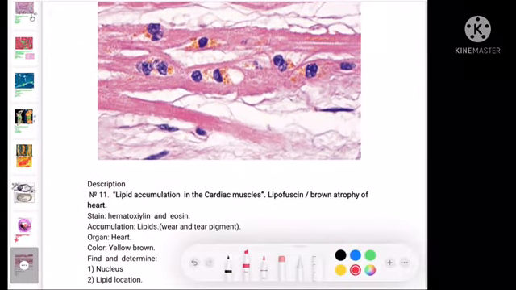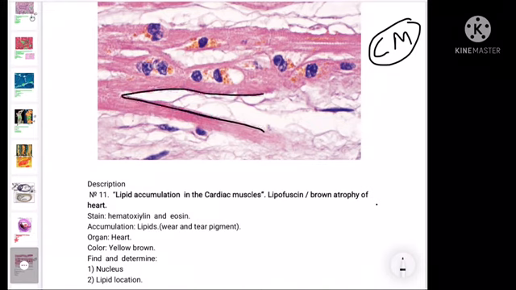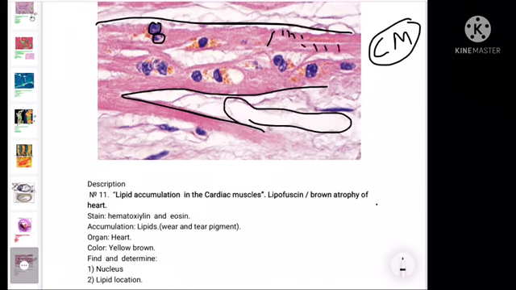So this one is again very important. This is a cardiac muscle or cardiac myocyte which is branched. These are the nuclei, these are the striations, and this is the fat.